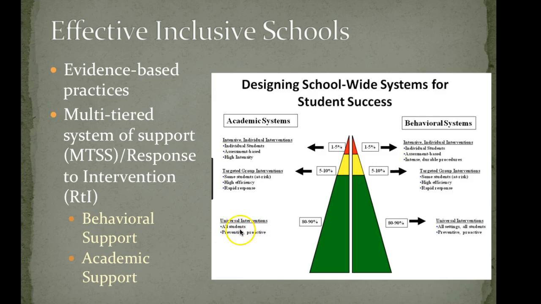So academically, you have universal intervention, so evidence-based interventions. So it could be a reading program. Behaviorally, you have universal interventions, and they're preventive and proactive. So this would be your behavior management system within the school, and everybody follows the same rules.